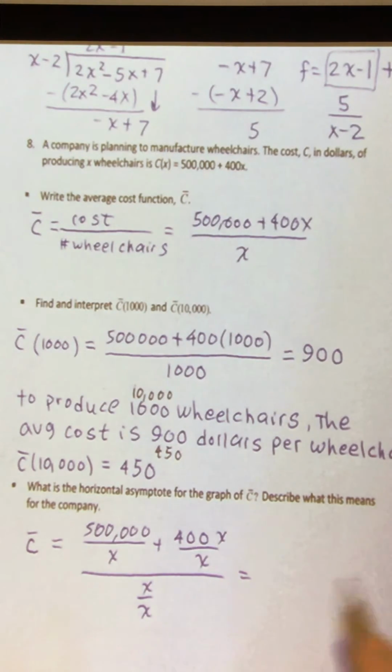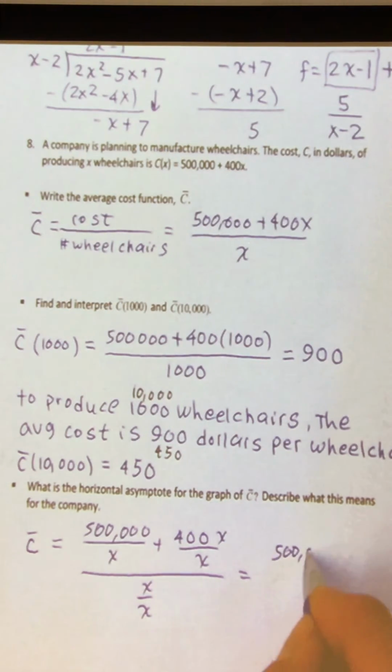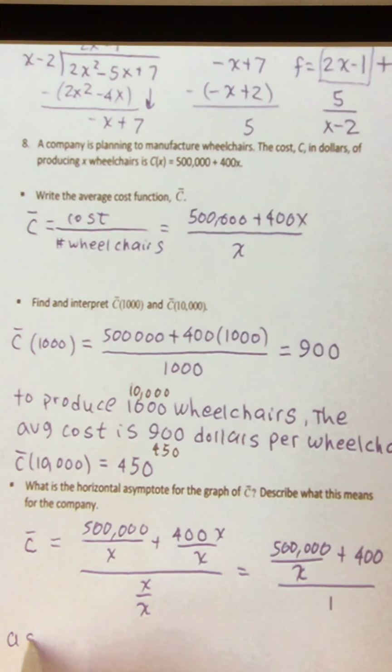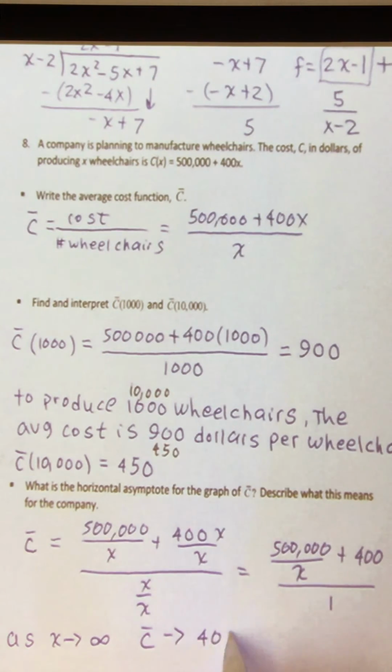So simplifying that will give us 500,000 divided by x plus 400 over 1. And as x gets very, very large, the average cost will approach the value of 400.